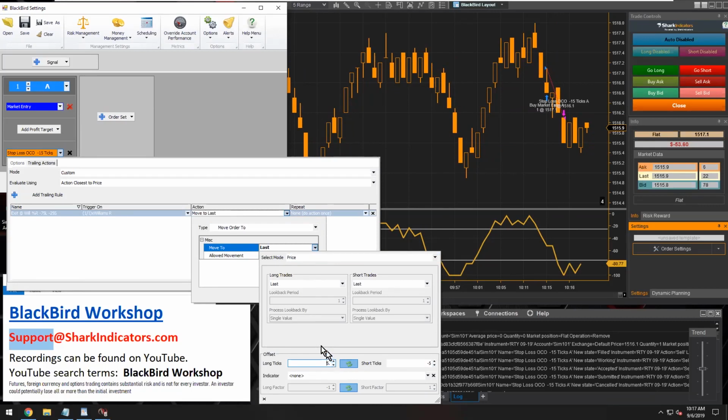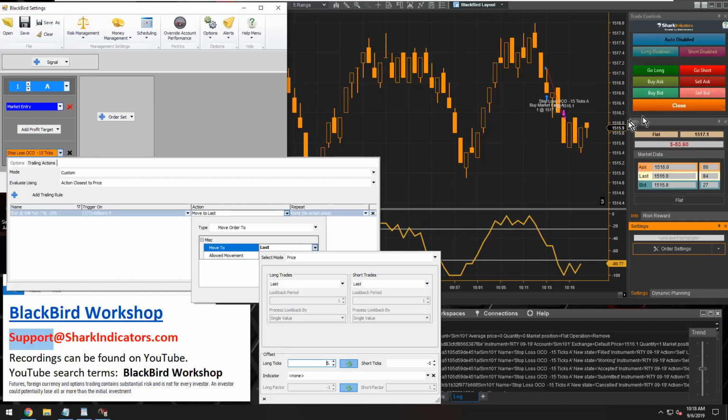But as long as a stop loss is moved to where the market is currently trading or past that point, then stop losses are guaranteed to get filled. They're not guaranteed to get filled at any particular price, that's not how stop losses work, but it is guaranteed to get filled and exit the position, which is the same thing as just hitting the close button.